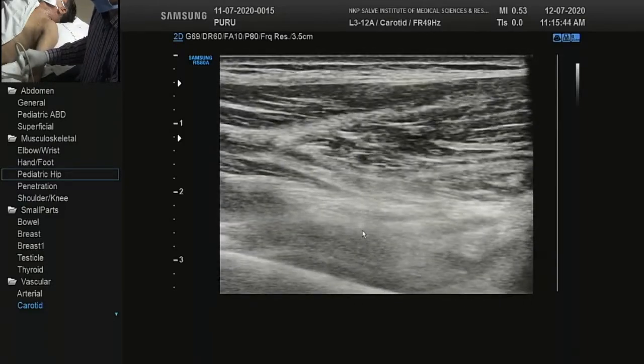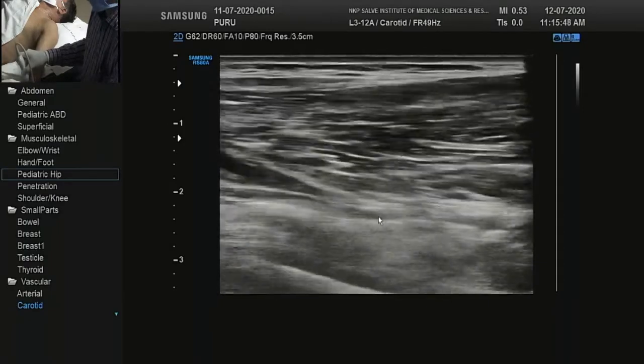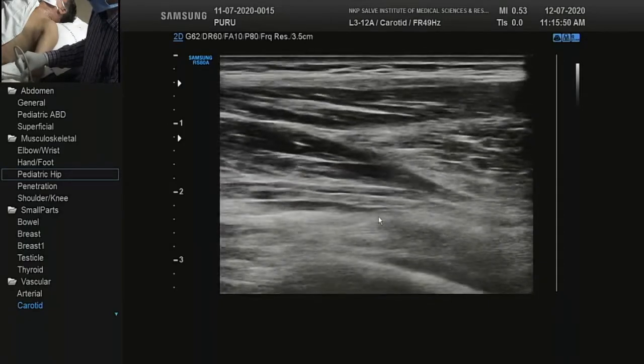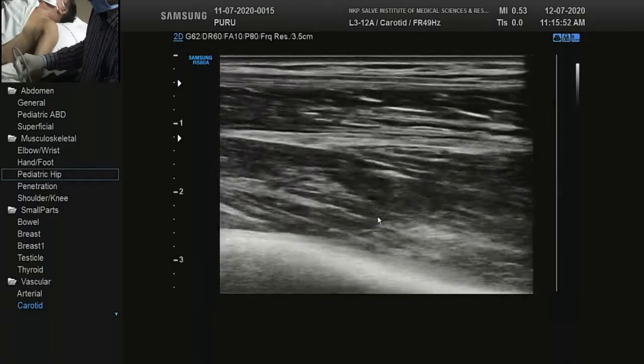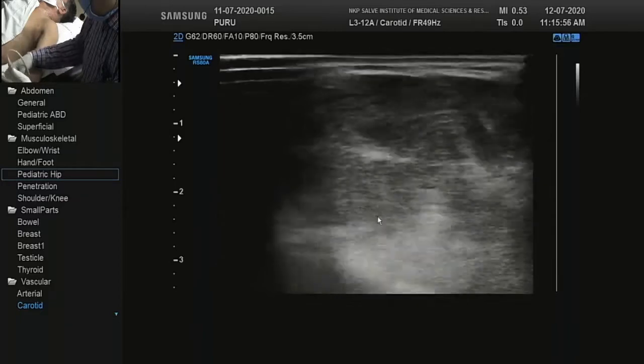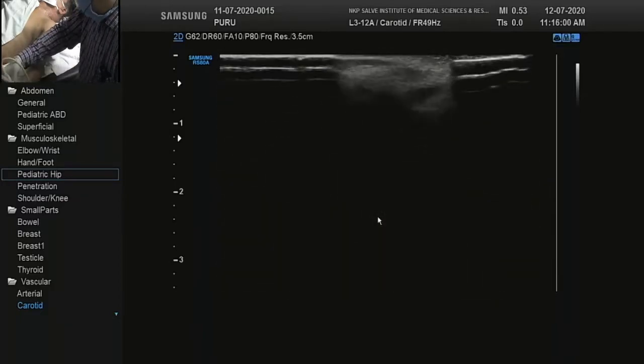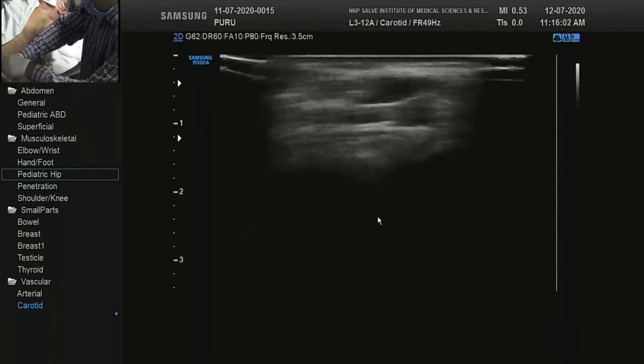Come back. And I am lost here. So what I can do is either go back, or you can trace it back from the elbow joint.